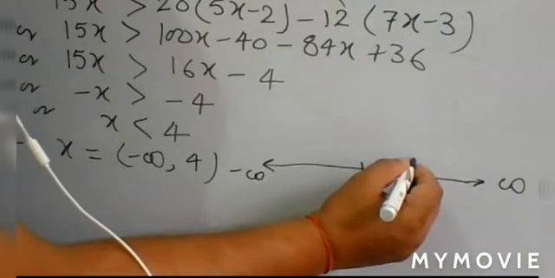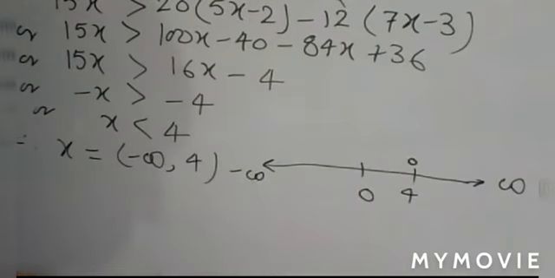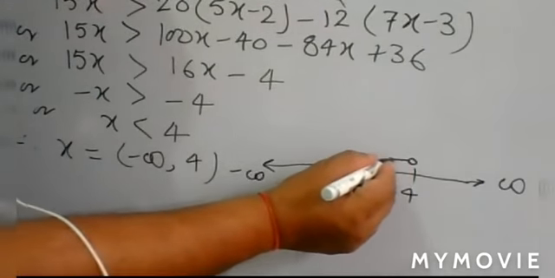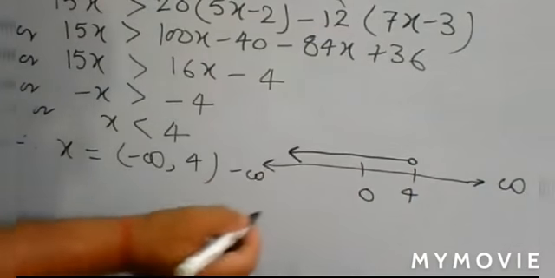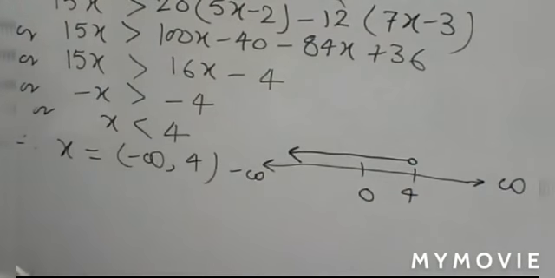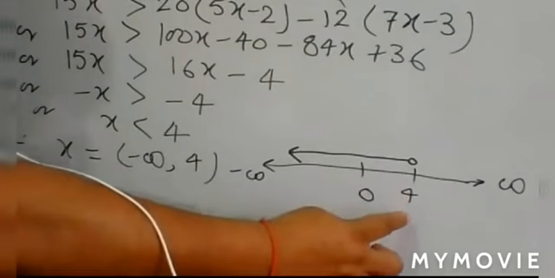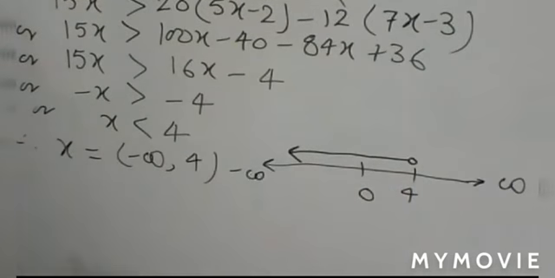So you draw a circle and mark an arrow towards the left side. This graph represents that your solution is between minus infinity and 4, and this also shows that the number 4 is not taken. It must be less than that.